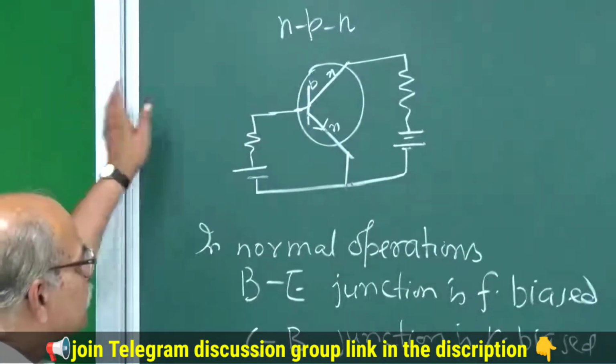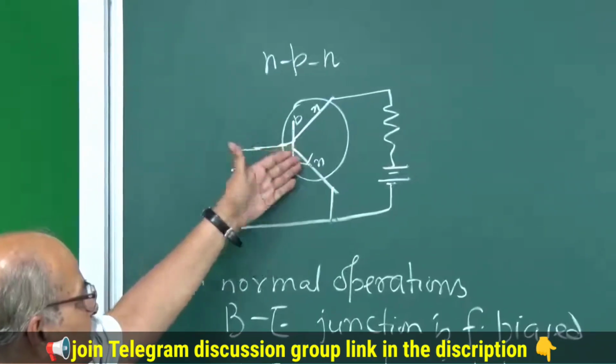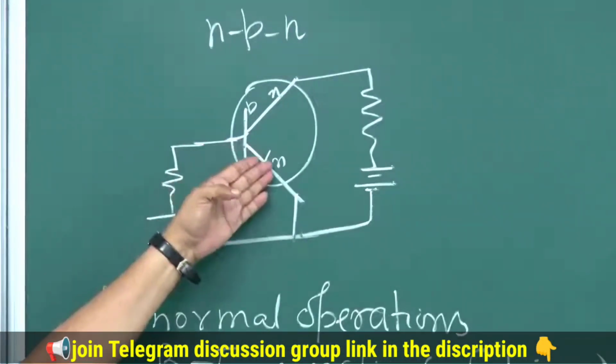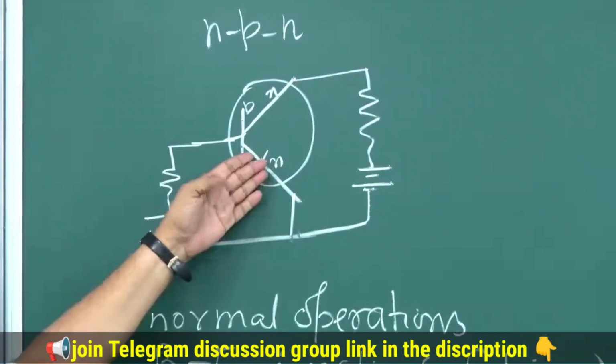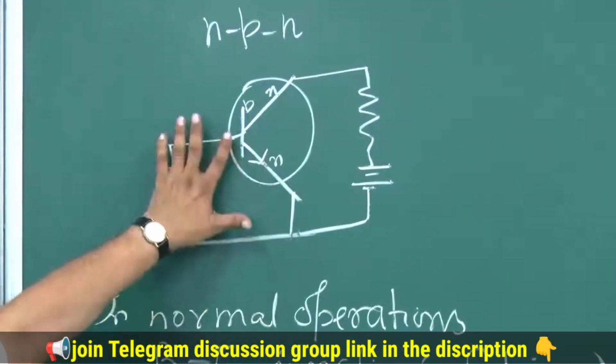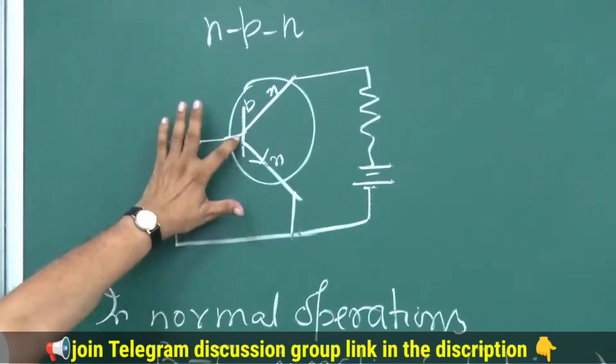So, what happens because of this forward bias, lot of electrons are injected from the emitter into the base, because this is heavily doped. Because of that large concentration, this carrier injection is also large, and those things go here.